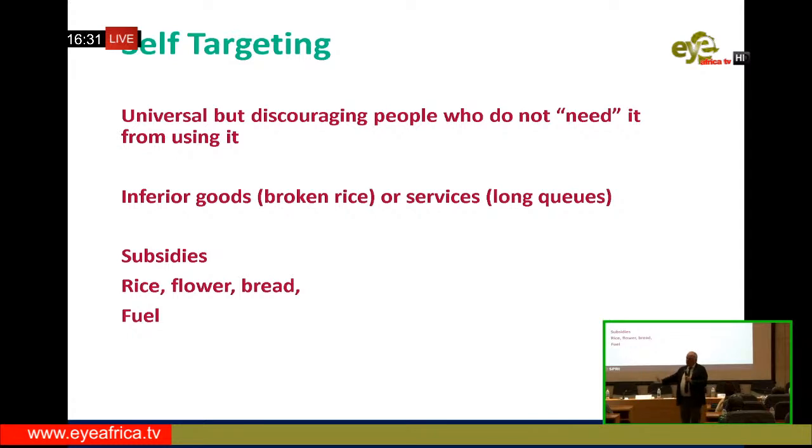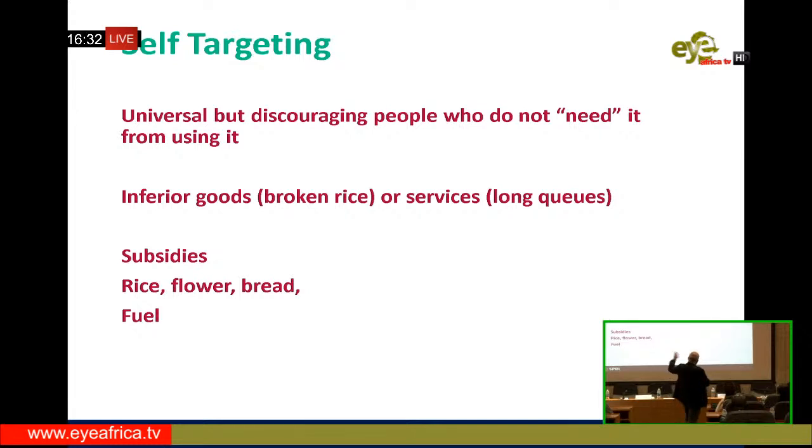And if you make the queues long enough, the rich people will not come in the queue, right? Yes. And you can handle that. Or if you distribute the type of rice that is broken rice, which is used in India, the rich people don't want to eat broken rice. So they are not going to get broken rice, unless they are desperate. But then they are needy, most probably, right? So that's the way to do it.